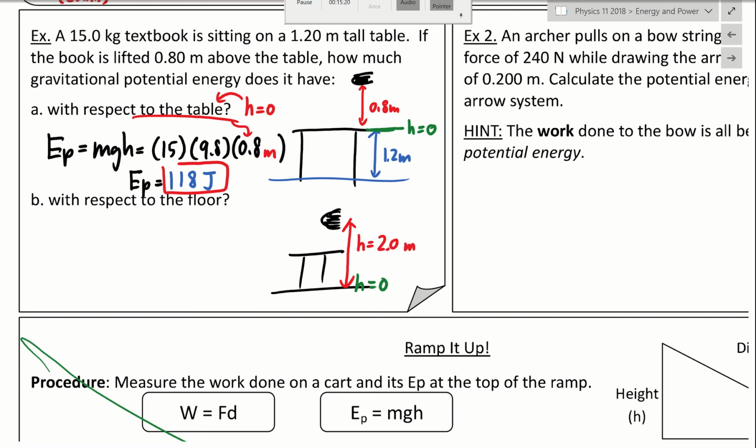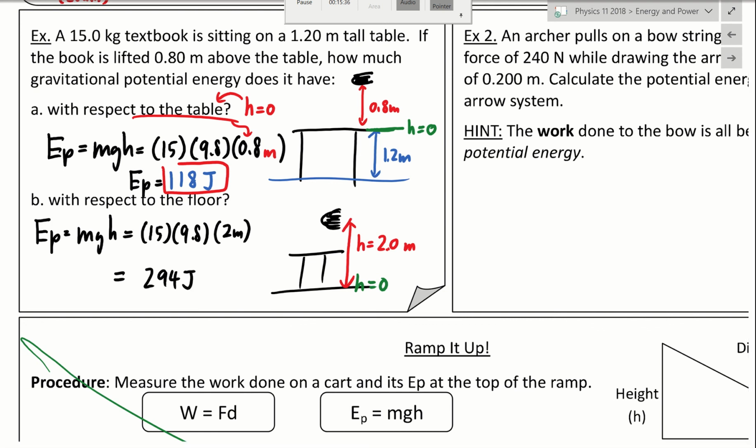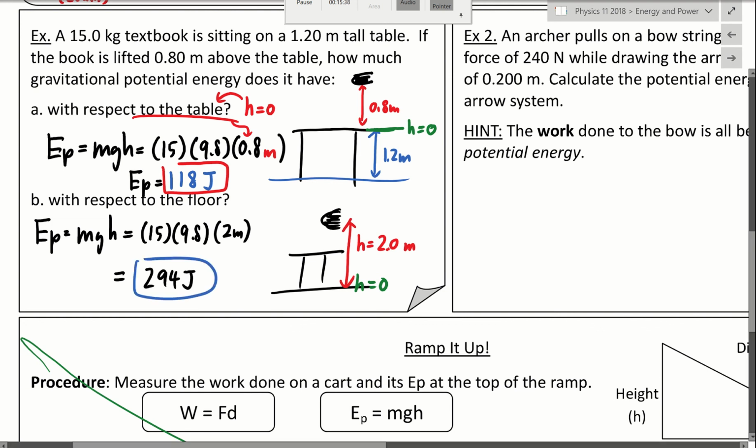Okay, so if you do the potential energy equation again, it's going to be same mass, same acceleration, different height. And that will give you 294 joules. Okay, so who is right? Everyone is.